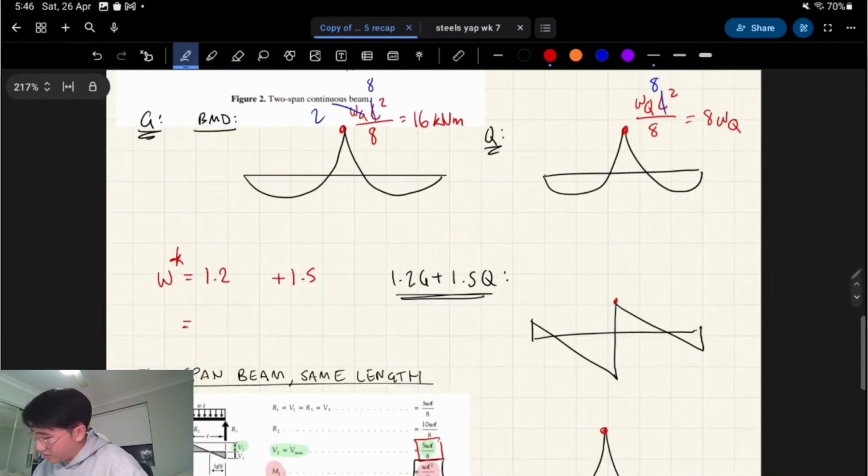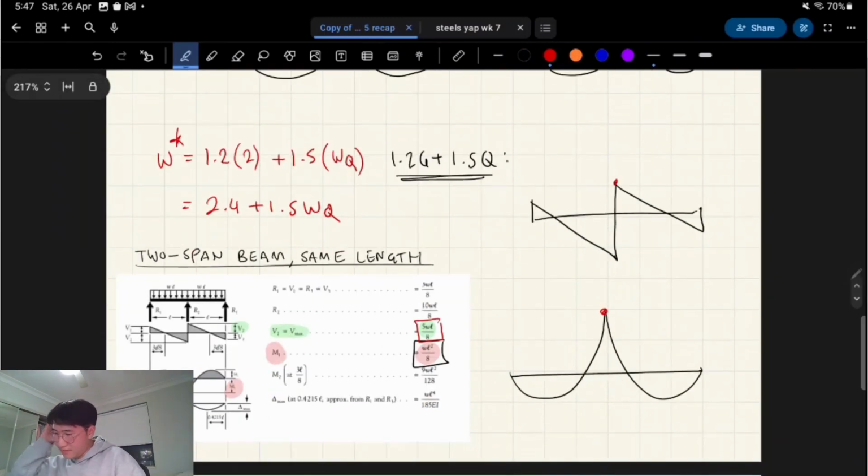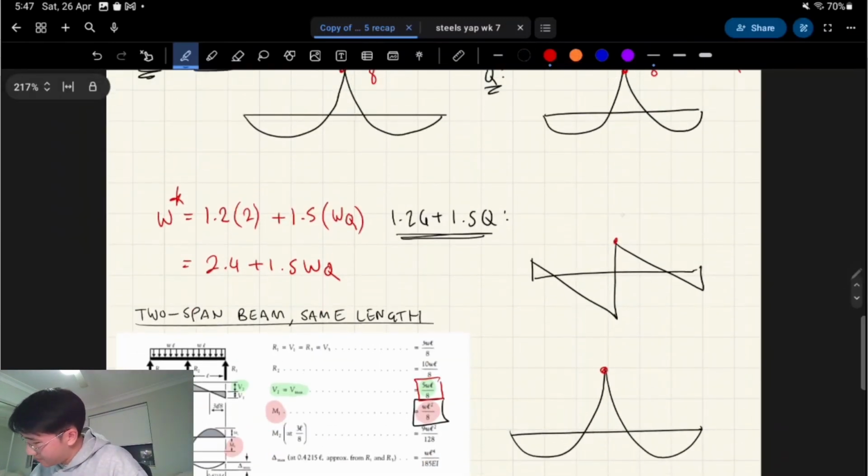Next, we plug it in. So for WG and WQ, we get 2.4 plus 1.5 WQ for our factored distributed load. And so we're going to do the same thing. 5 times 2.4 plus 1.5 WQ times L on 8.